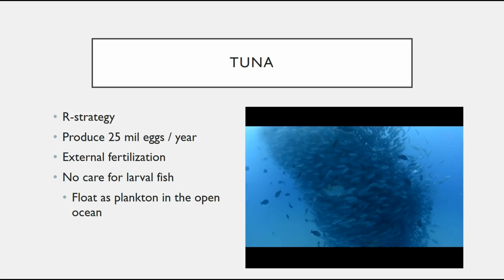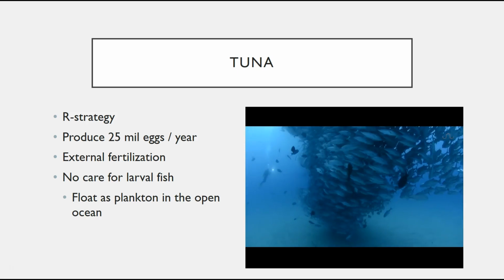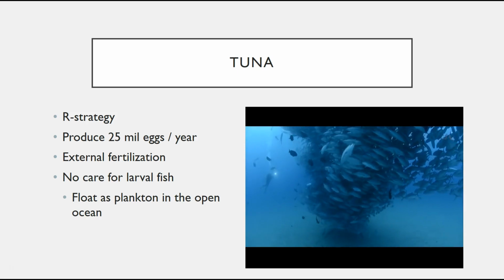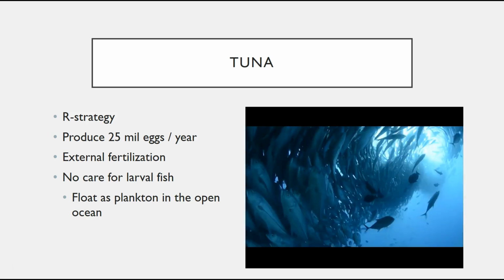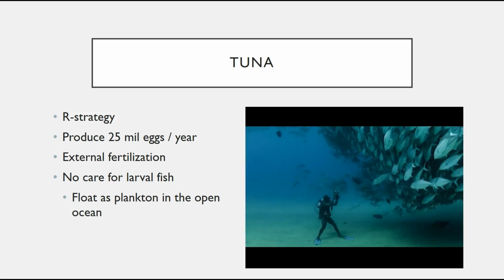They swim in circles in order to create a vortex. So when they spawn, not only are they close to each other, but also the egg and sperm remain in a concentrated area, which only increases the chance of fertilization.